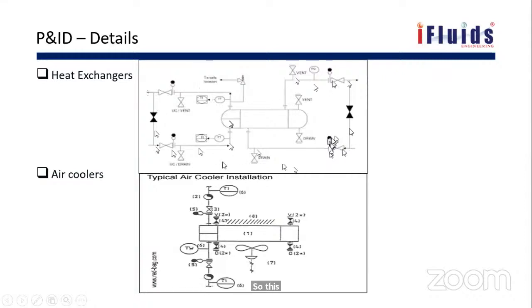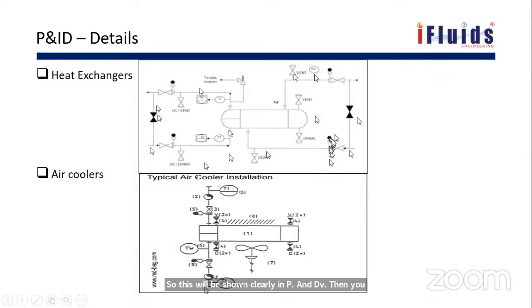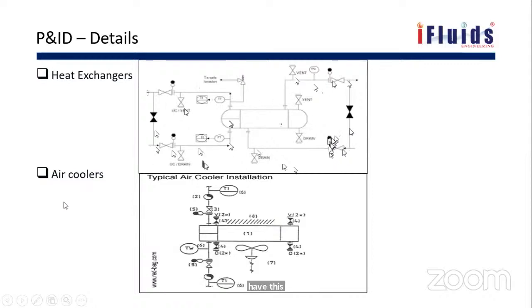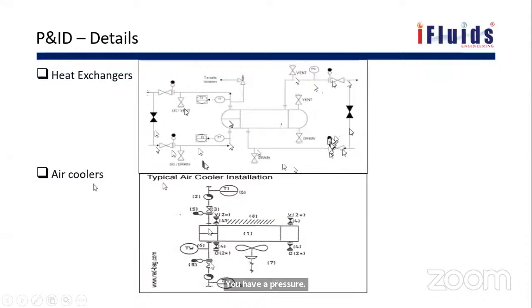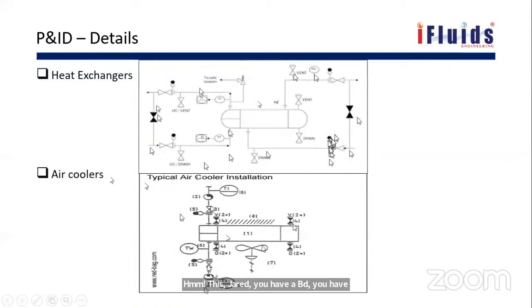Then you have the anti-surge valve, capacity control systems, and suction and discharge instruments. Suction, you have a pressure transmitter, discharge, you have a PT, you have this control system, anti-surge valve.